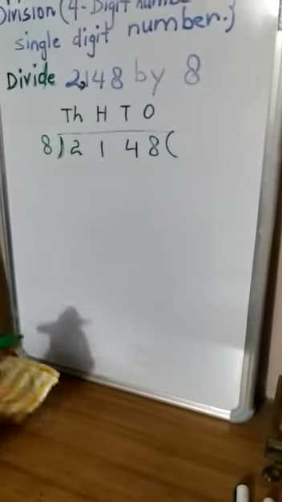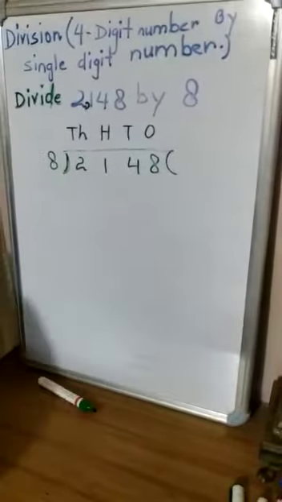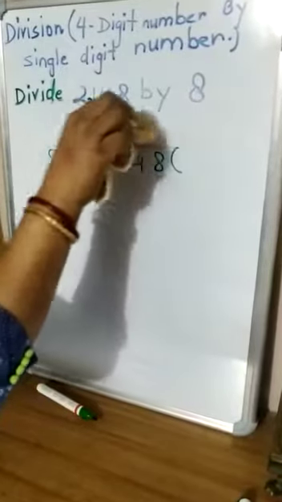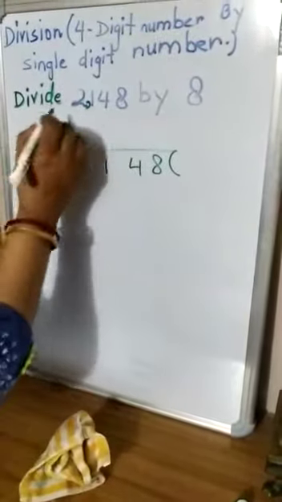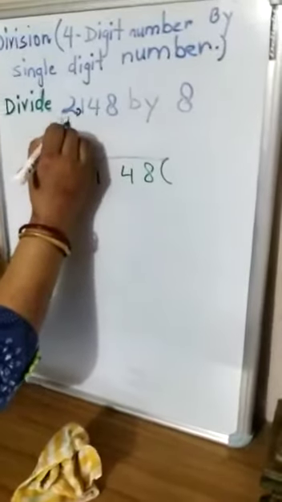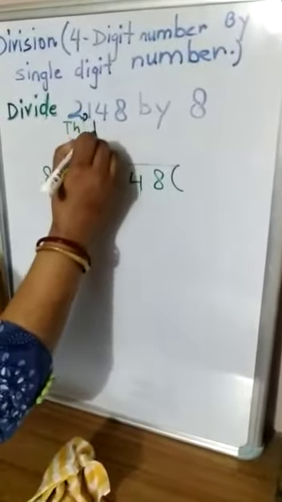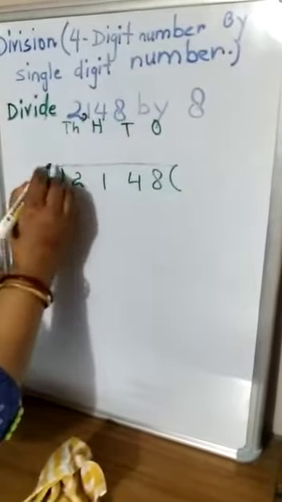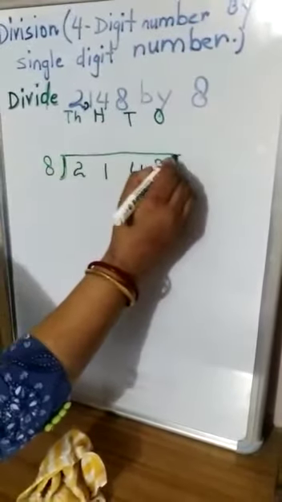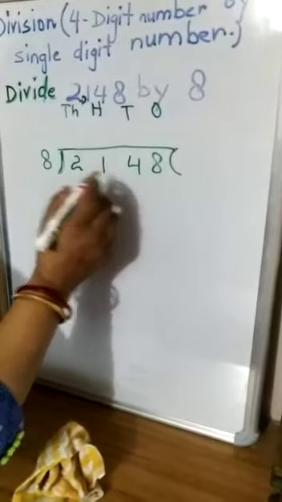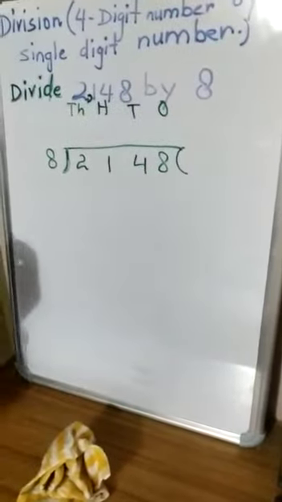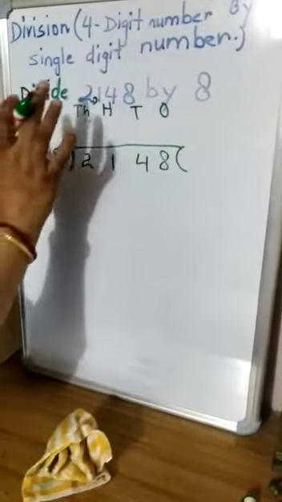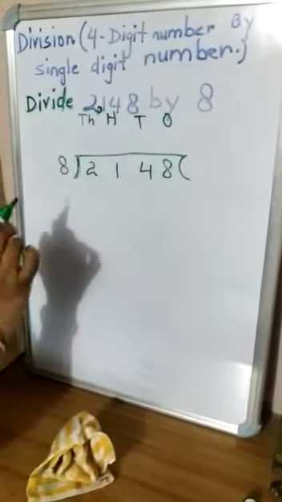So here, children, I must write at the top, a little bit on the upper side, thousands, hundreds, tens, ones. Now this is the division form. 2148 will be divided by 8. So this is the first step, to write down the numbers in a division form.